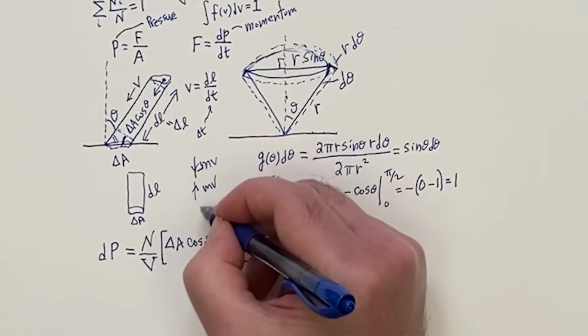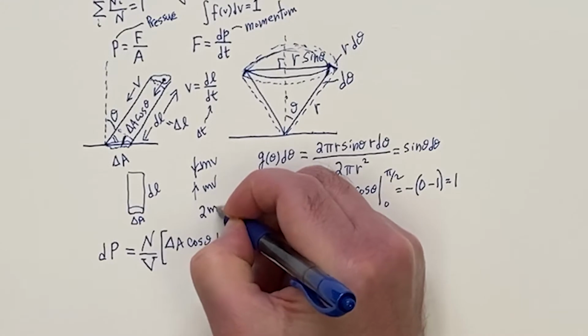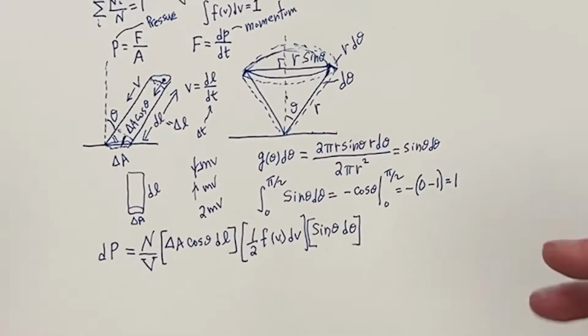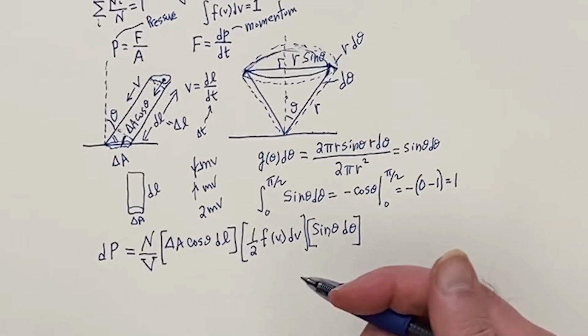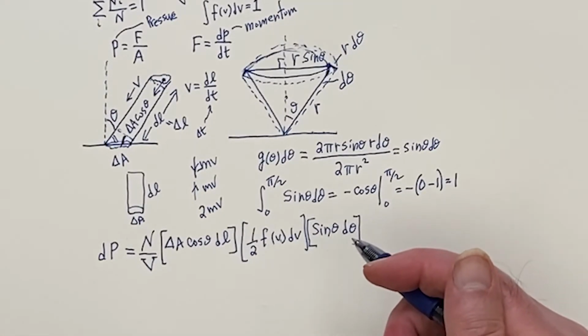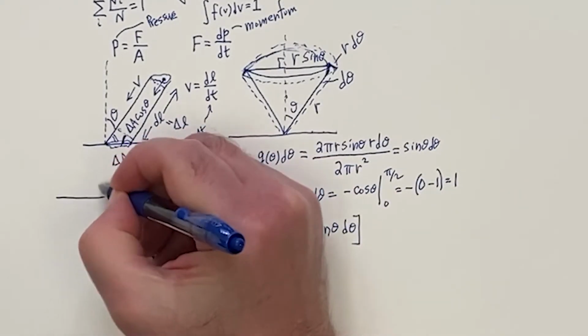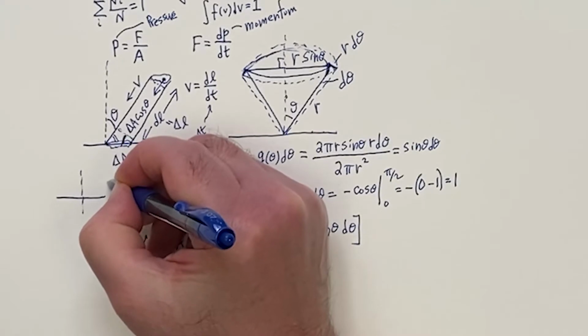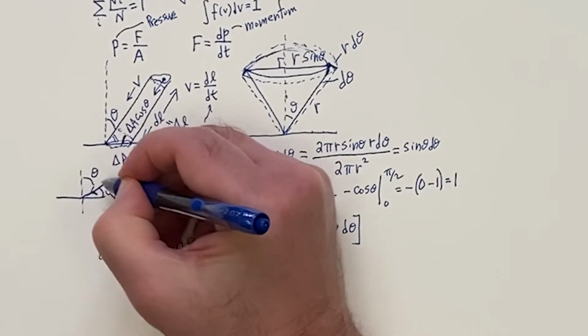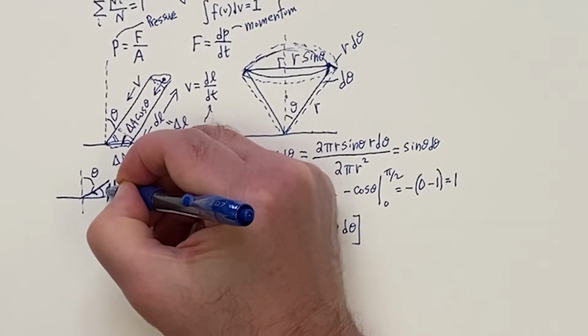When you take the difference, the change would be 2 mv. You basically stop, mv had to go to 0, and then it had to bounce back to plus another mv. But here, you're coming in at an angle, theta, say phi.